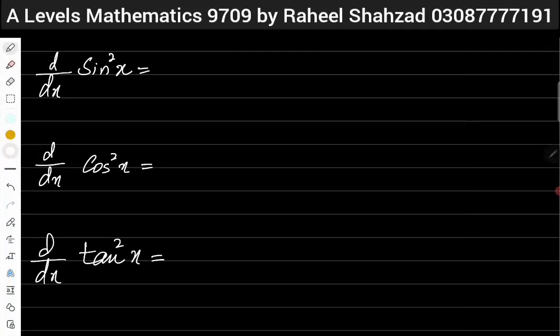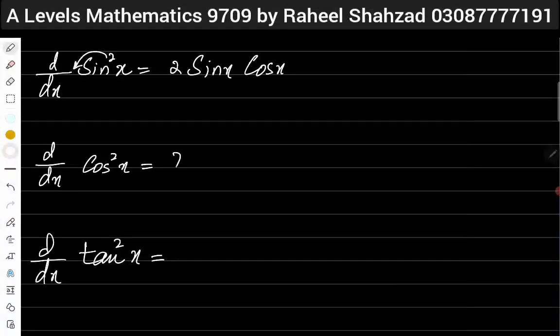Okay, what if we have such situation, derivative of sine square x, cos square x and tan square x? So derivative of sine square x is going to be, we simply apply power rule. That makes it power first, so it's 2 sine x into derivative of base, that is cos x.